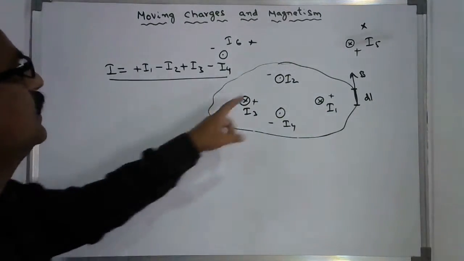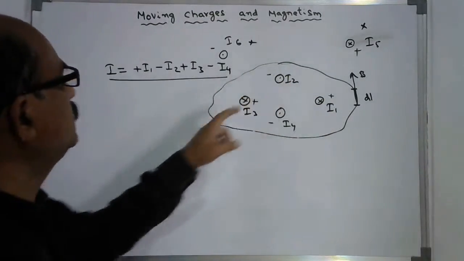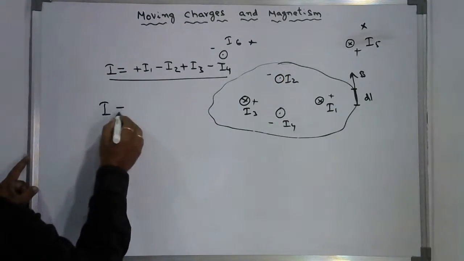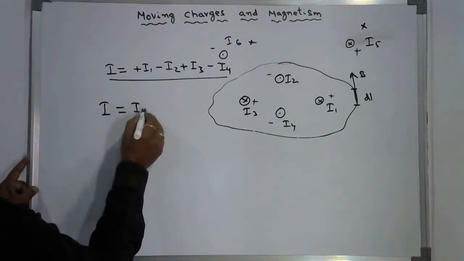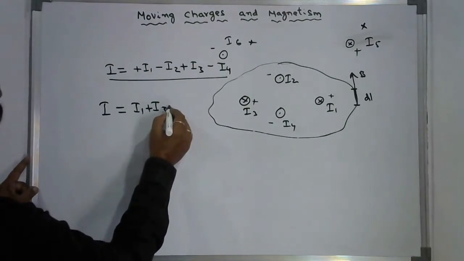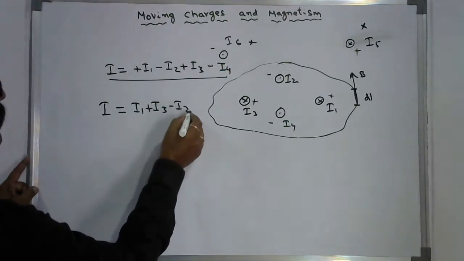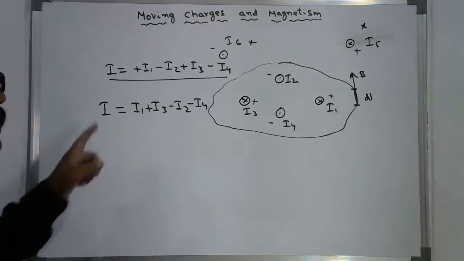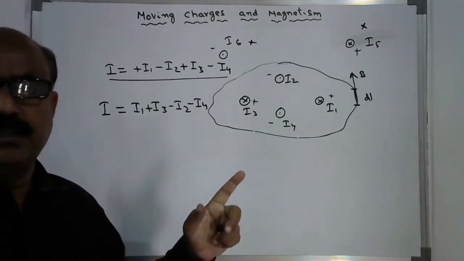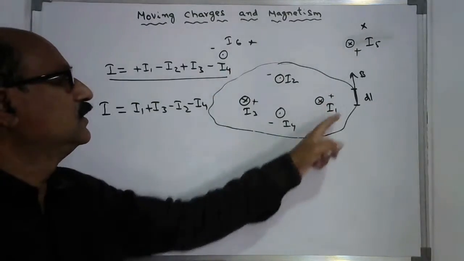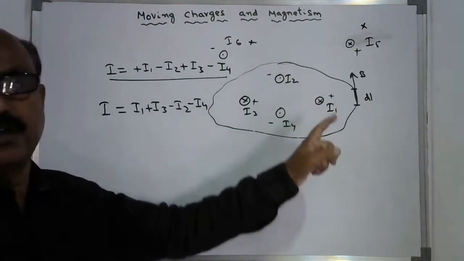So the net current enclosed in this particular part is I is equal to I1 plus I3 minus I2 minus I4. So this is what you have to apply as the net current enclosed in this particular closed path.